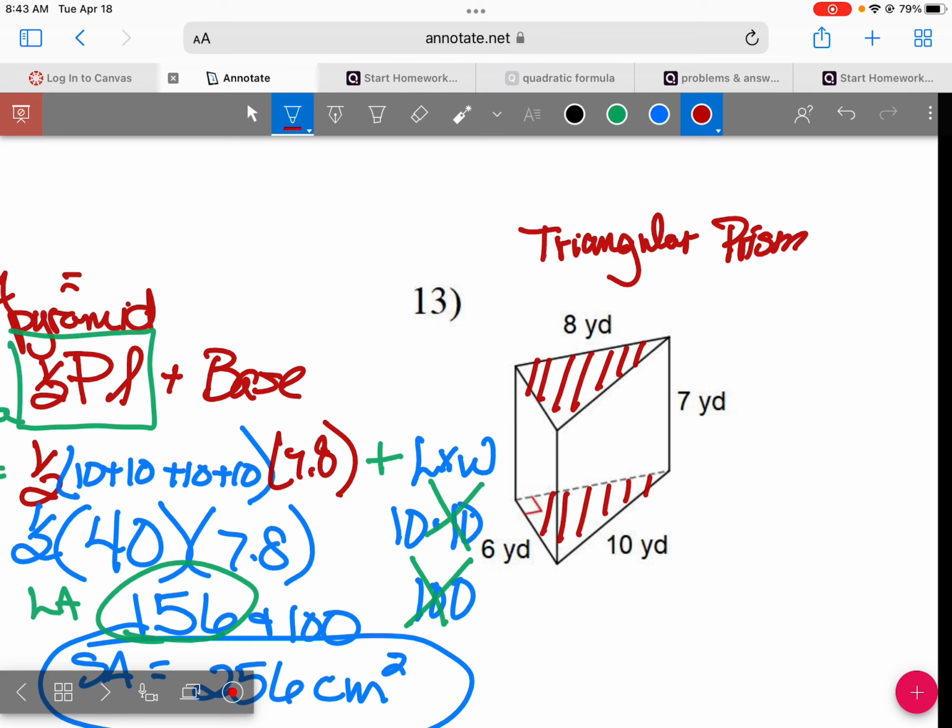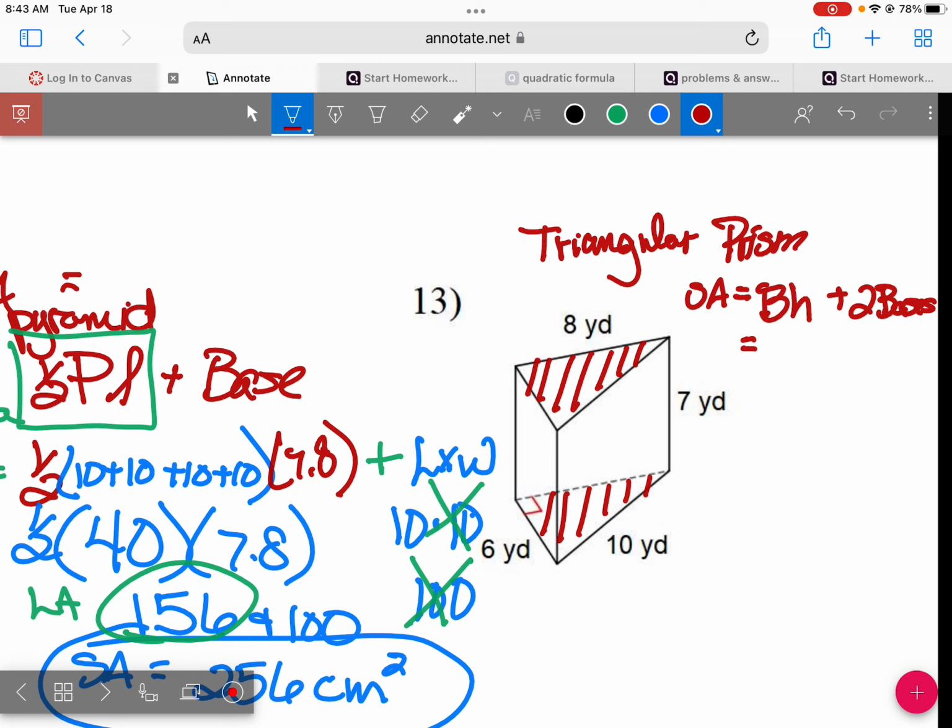Okay, triangular prism. So surface area of a triangular prism is, let me think. I don't know what it is right offhand. I know it's got two bases, and let's see, it's probably area of the base times height?